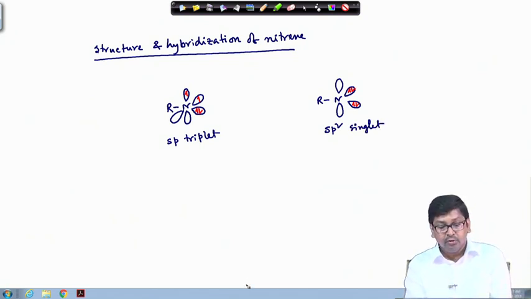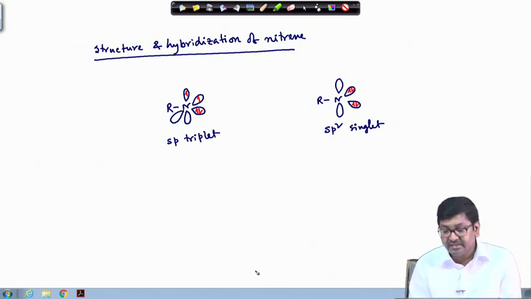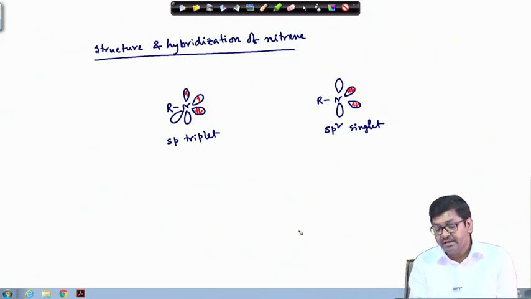In one case, the nitrene is sp hybridized with 2 unpaired electrons in parallel spin, that is why it is sp triplet. In the other case the 2 unpaired electrons become paired up, the nitrogen center is sp2 hybridized, and it is in a singlet state.